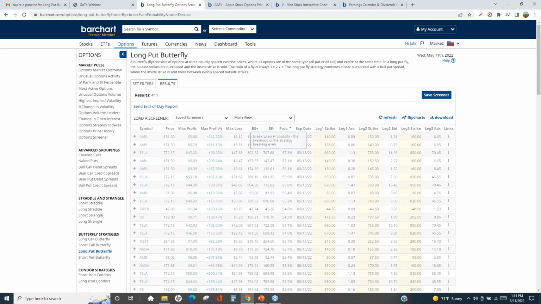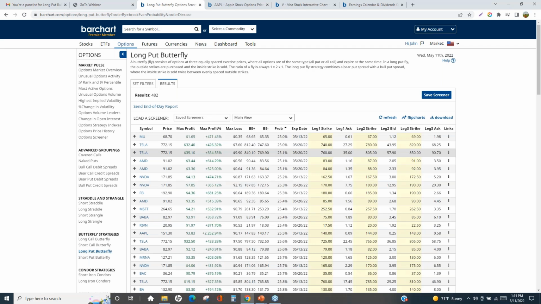If I look at a lower probability event, let's say a narrower net, let's see what pops up. So here we have a Tesla trade where our net is only $45, half of what we saw in that other example, which was $85.